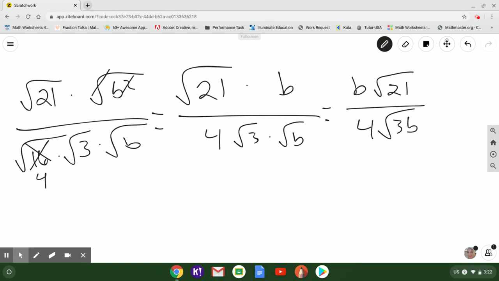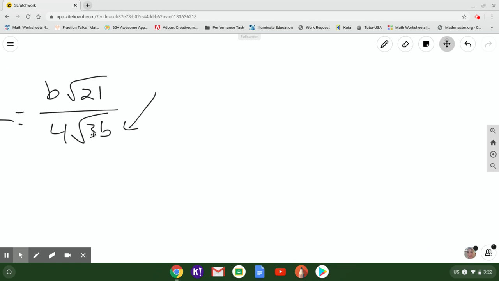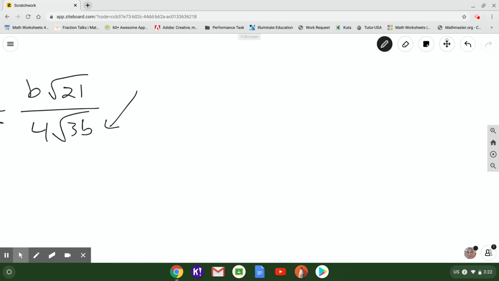It looks like we're done, but here's the problem. You can't have that. So what do we do? We have to multiply the top and bottom by that square root sign. So let's do that.